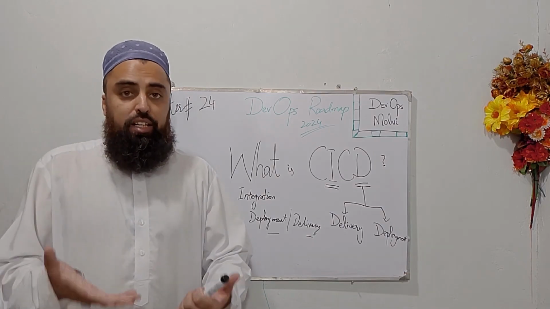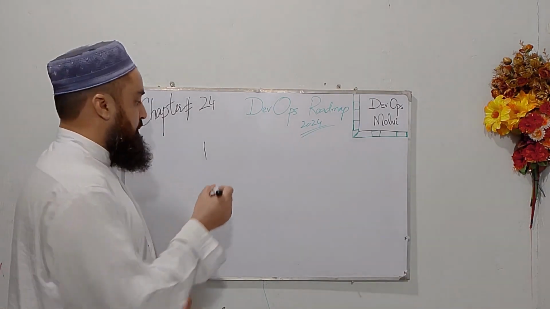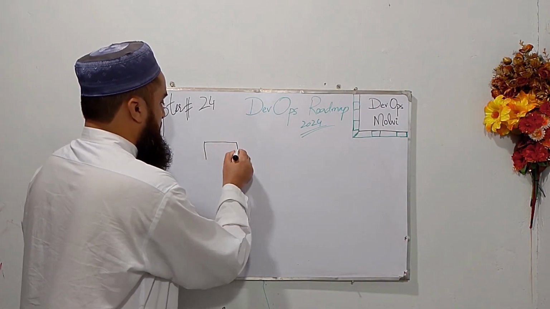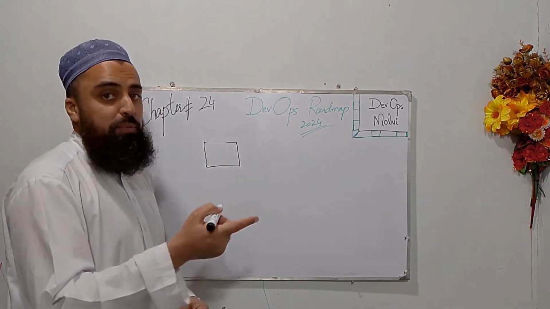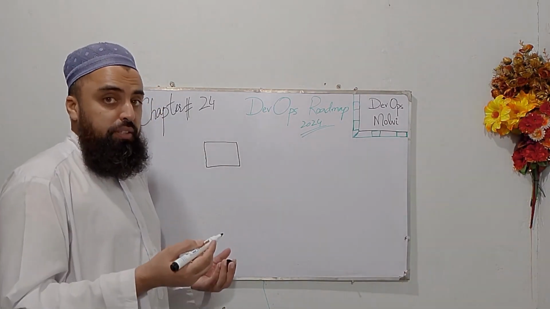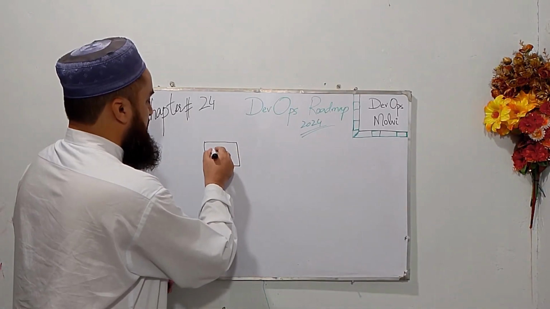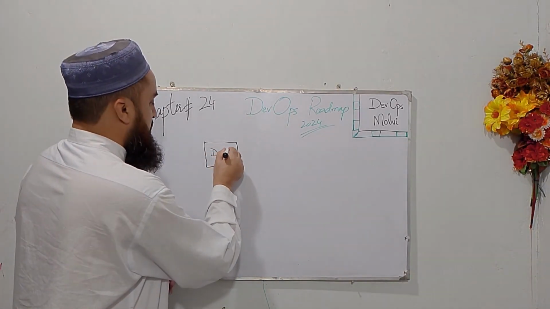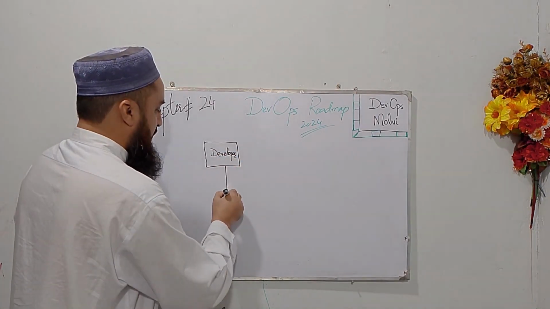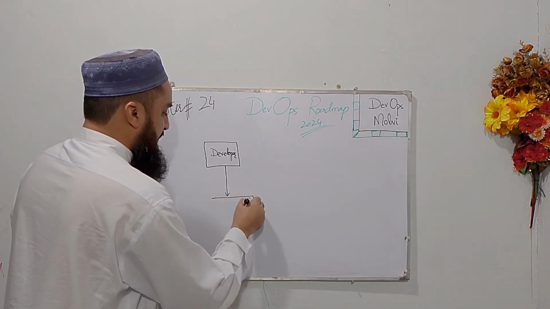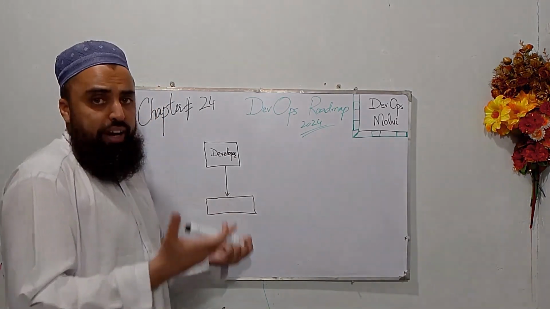Now let me explain continuous integration with a simple diagram. For instance, we have a team of developers and I am working as a DevOps engineer with that development team. What are developers doing? They are writing the code. This is a developer who is writing the code, and he is making some commits.